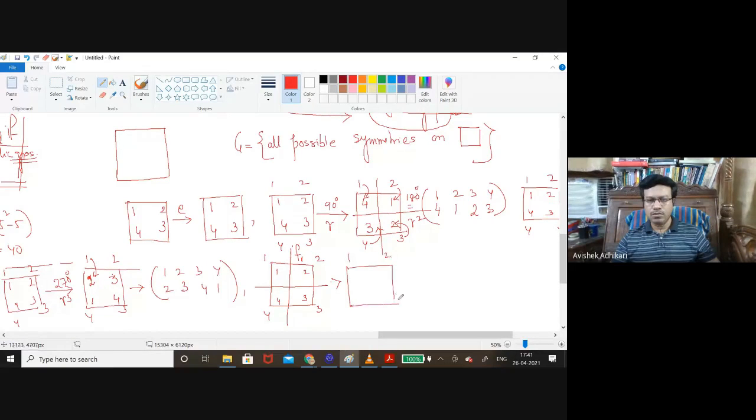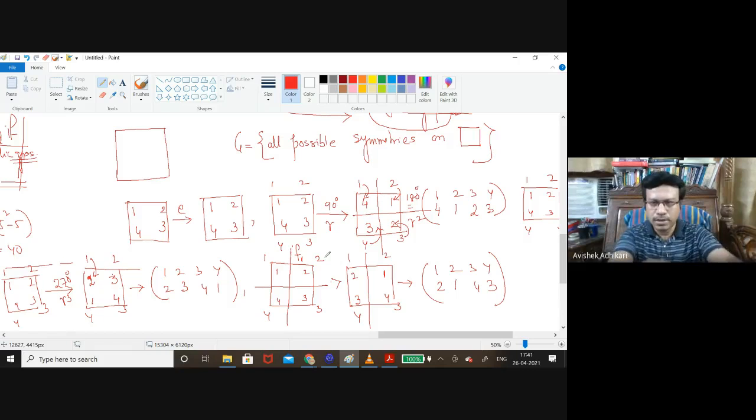It will look like 2 will come here, 1 will come here, 4 will come here, 3 will come here. So notation wise, 1 goes to 2, 2 goes to 1, 3 goes to 4, 4 goes to 3. I call it F1.